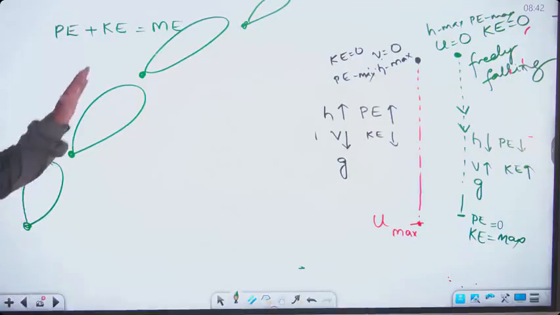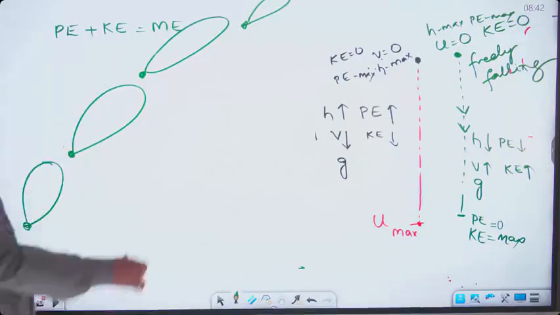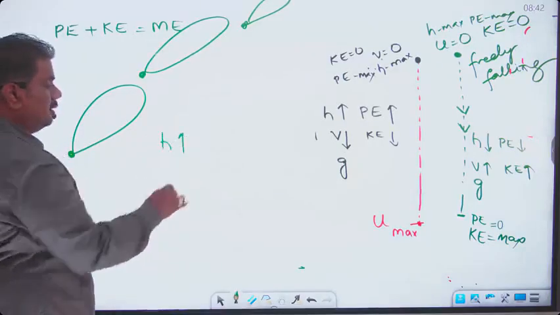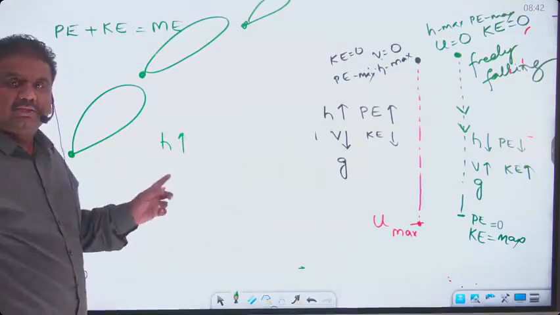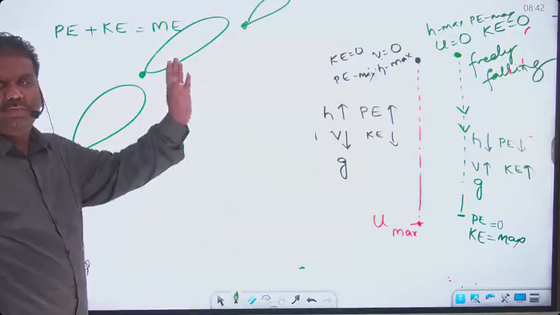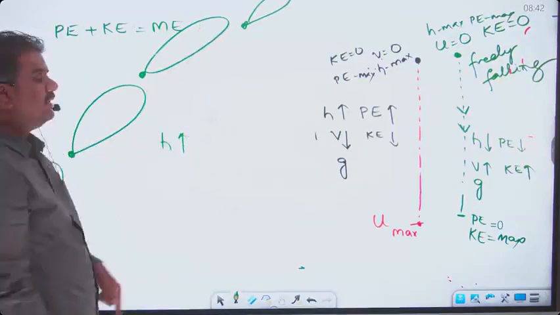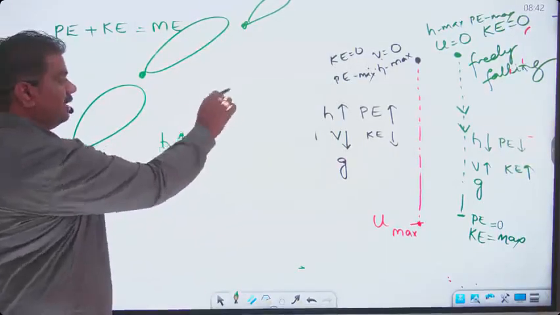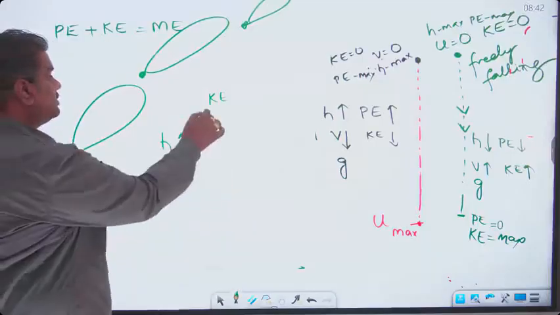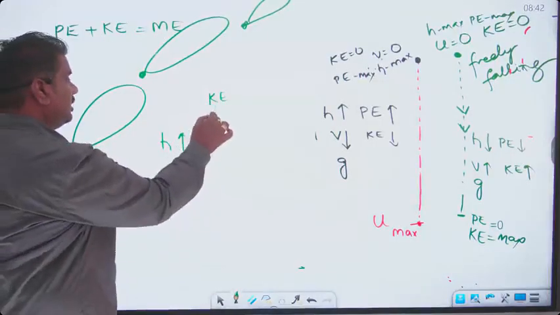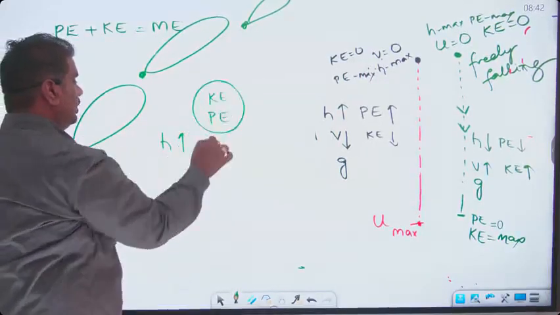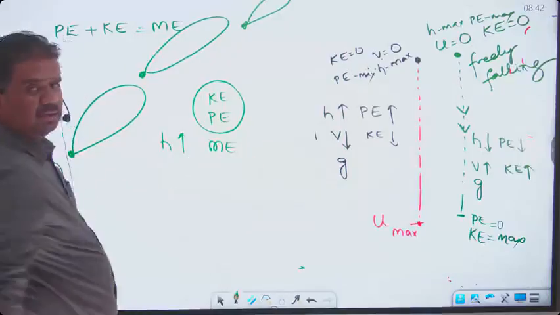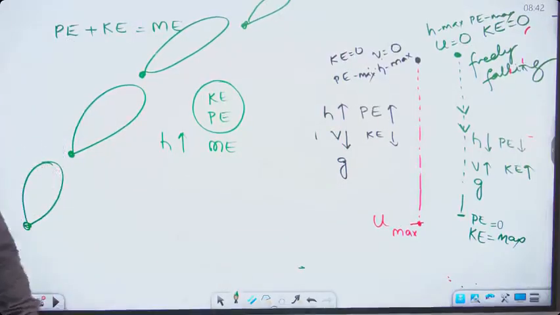Rising upwards means its height will increase. At the same time, it is moving from one place to another, which means it even has kinetic energy. So a balloon which is rising upwards has kinetic as well as potential energy, which you call mechanical energy. Apart from this, any other examples?